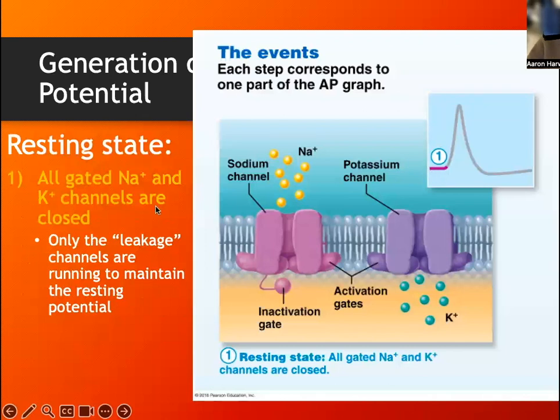All gated sodium and potassium channels are closed. Only that little bit of leakage runs through to help with maintenance. For example, a little bit of potassium leaks out, so you put a little bit of sodium through or get the potassium back. You basically have little mini balances, but this is all at rest. This is the resting state.